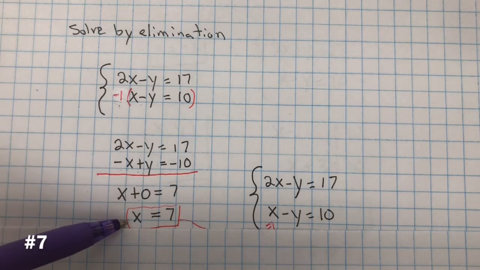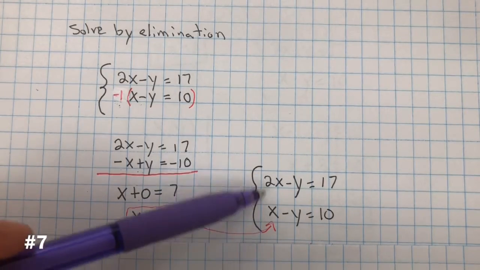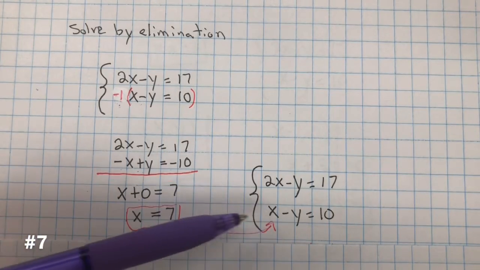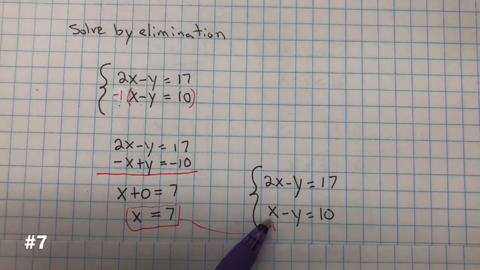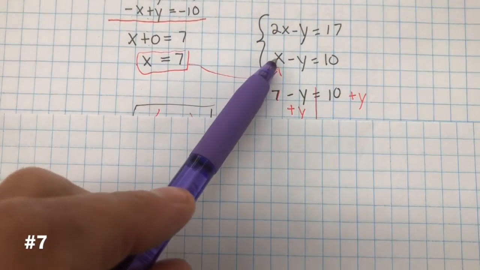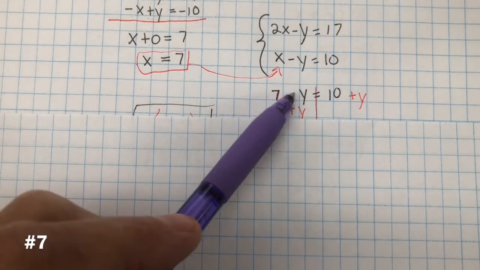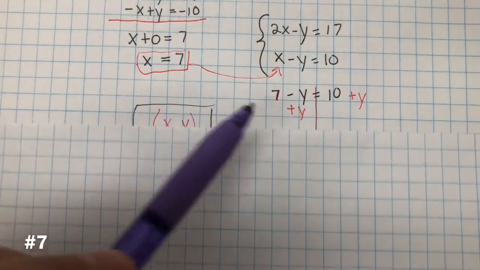So now that I know what x equals, I can plug it into either of the equations in the system. But to me, it seems easier to plug it into the second equation. So instead of x, I'm going to have 7. So 7 minus y equals 10. Add y to both sides, 0 pair.